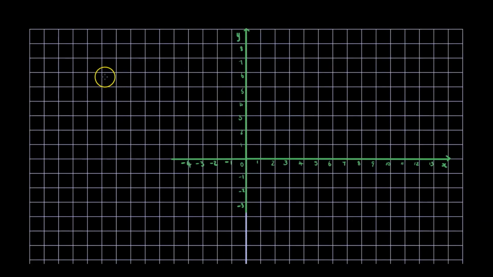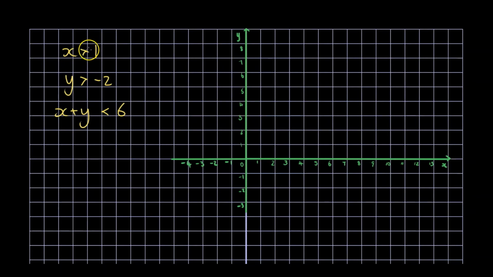So let's have a look at what these inequalities look like on a graph. So let's say we have 3 inequalities. We've got x is greater than 1, y is greater than minus 2, and then we have x plus y is less than 6. So these first two are quite simple to represent on the graph.